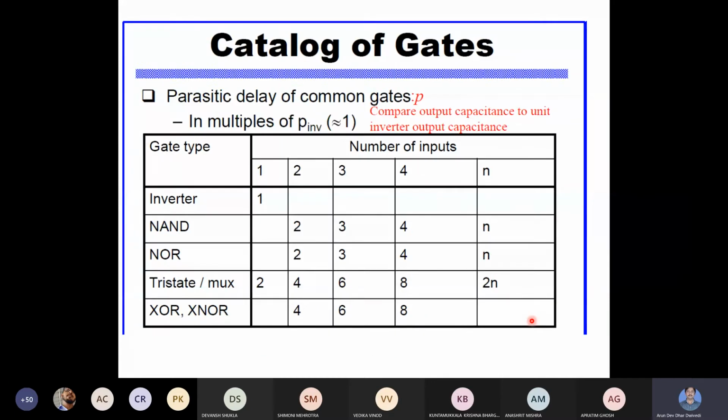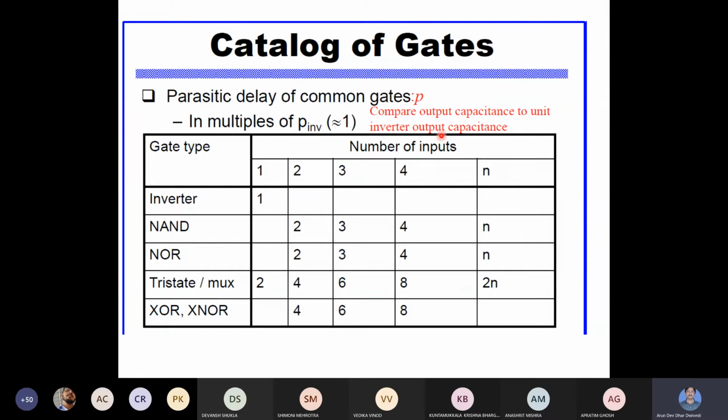Similarly, there is also the parasitic delay P of common gates. In the empirical formula we have given for P, we should compare the output capacitance of the gate to the output capacitance of the unit inverter.